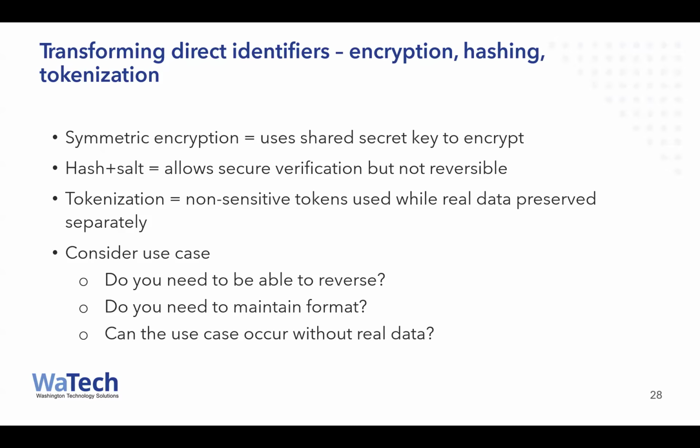If you need the real data, then symmetric encryption that retains that data in the data set is probably the most helpful. Again, we're not going to go super deep into these, but I do want to highlight that these methods are available and can be really helpful to transform those direct identifiers, especially when we're talking about pseudonymization.